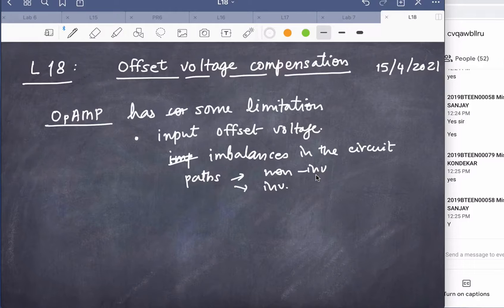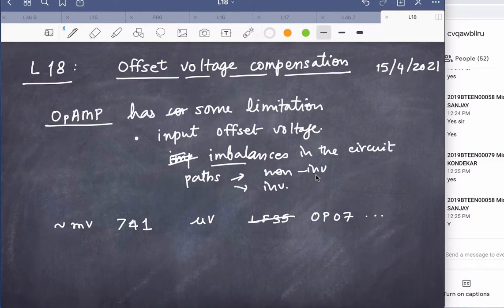So if the paths are slightly different in their characteristics, then it creates imbalance, and that imbalance leads to input offset voltage. The order of input offset voltage is in millivolts for general purpose op amps like 741. It can be in microvolts for low input offset voltage op amps like LF356 or OP07, and like that.